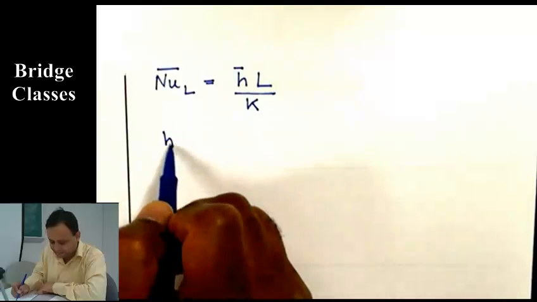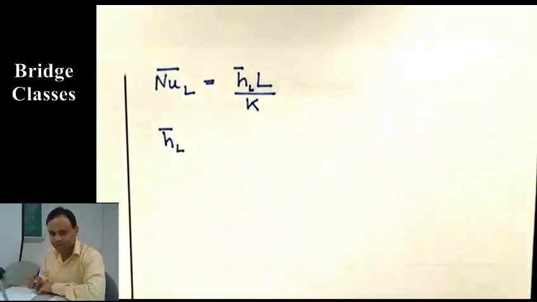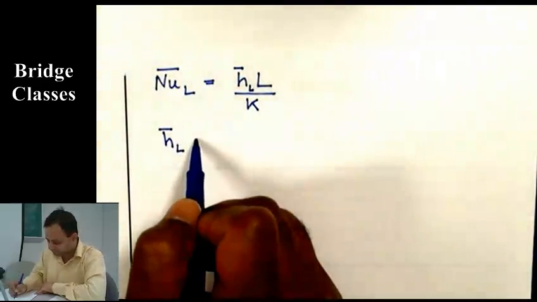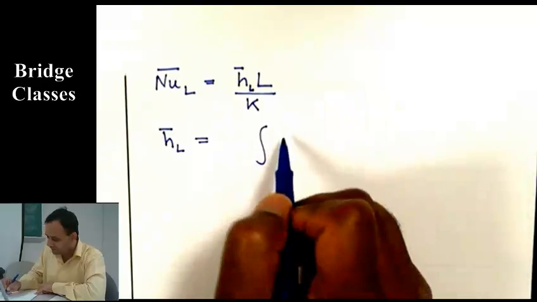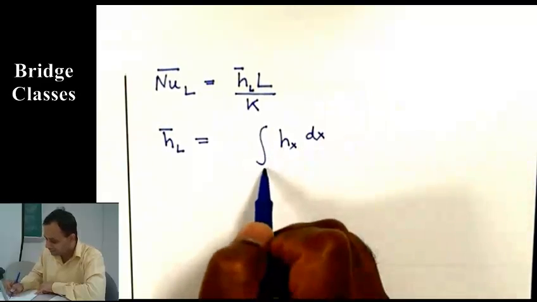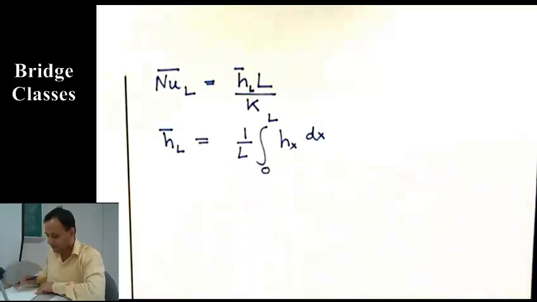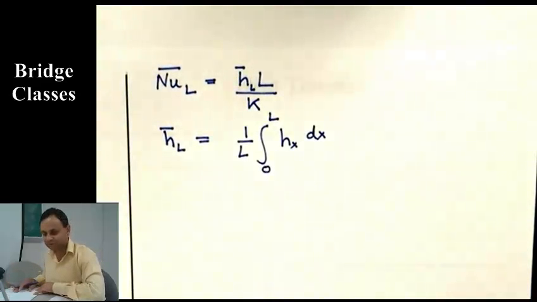This h bar over length L will be 1 over L times the integral of hx dx as x goes from 0 to L. We have to basically integrate this expression.